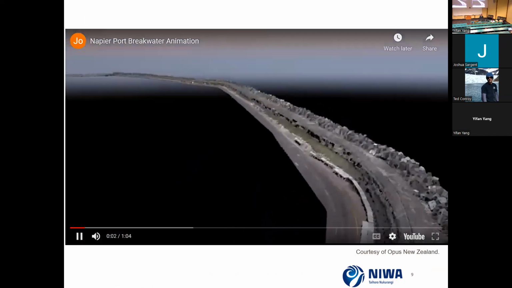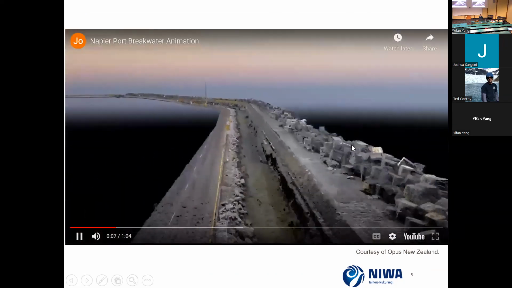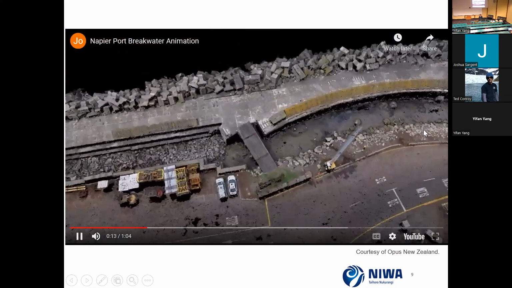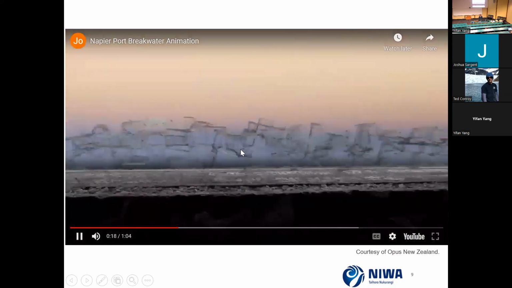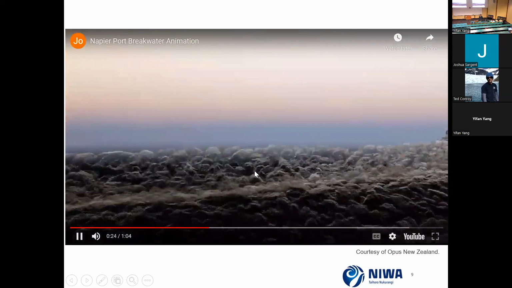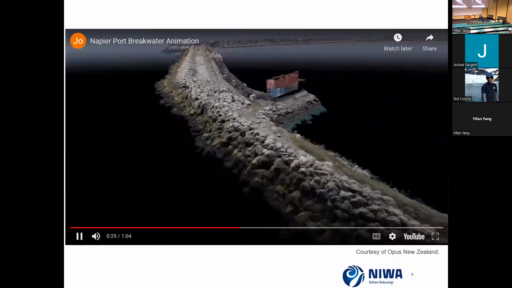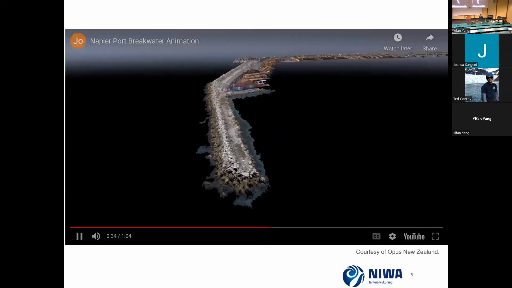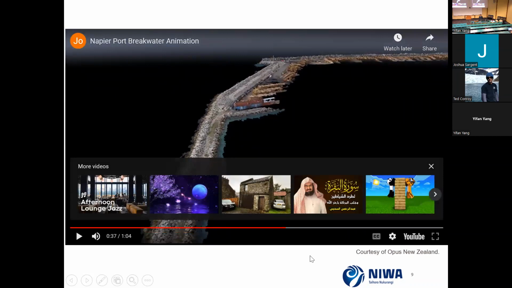On the outer side, there is an armor layer, in this case, the Echelon units, and normally it can shelter some waves from the open ocean, and that's what it's designed for.